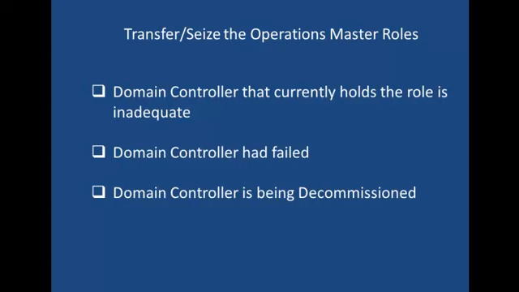And to do that, we need to open the Active Directory Users and Computers snap-in from the administrative tools. So we need to either be logged into the target domain controller, which is the domain controller that we're going to transfer the roles to, or if we're on another domain controller, we would need to connect to that domain controller.